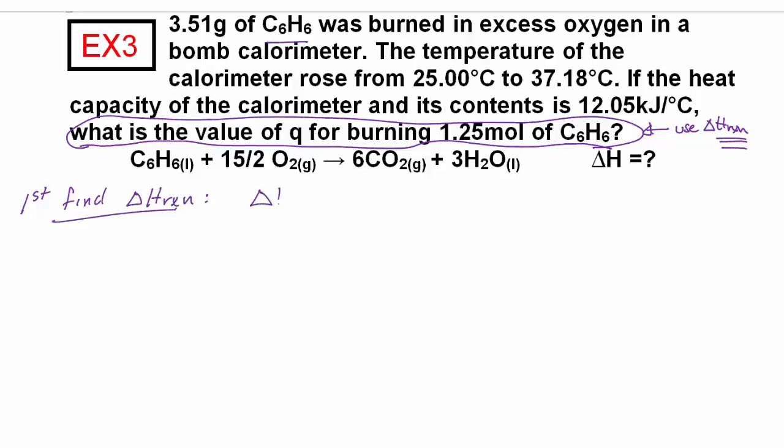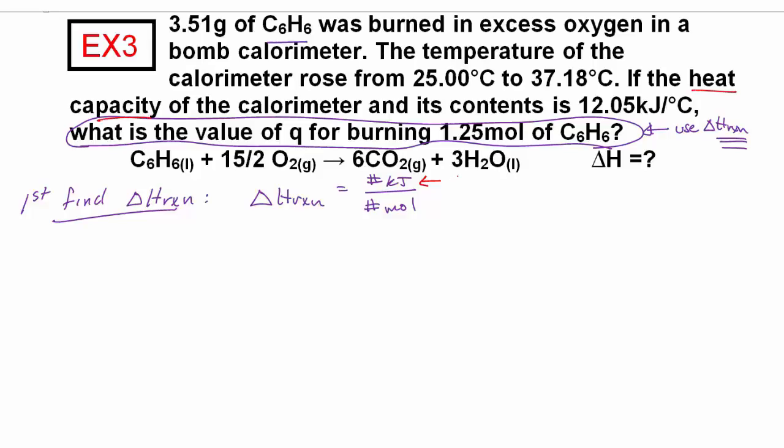And remember, the enthalpy of these reactions is always kilojoules, some number of kilojoules, all over some number of moles. Now our kilojoules, I bet you they give us heat capacity.